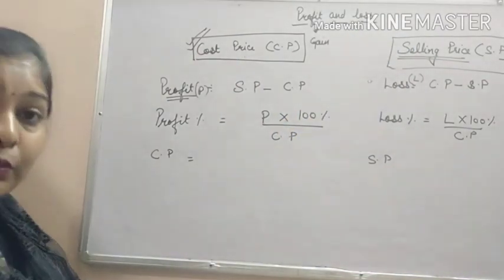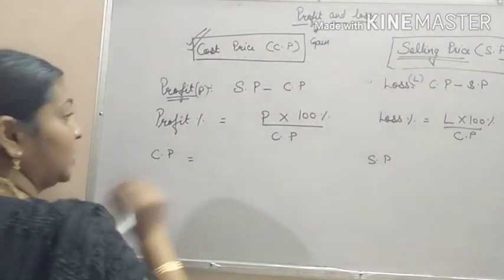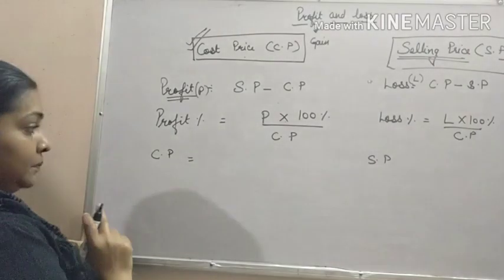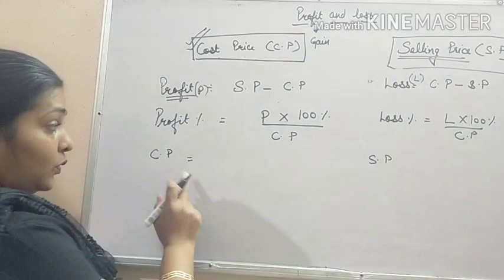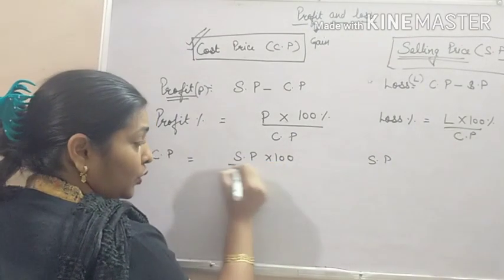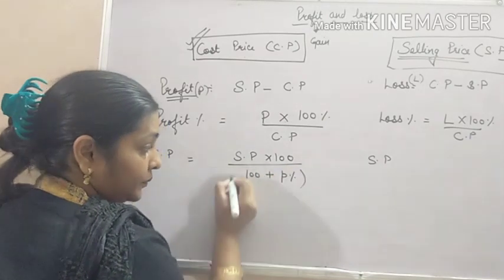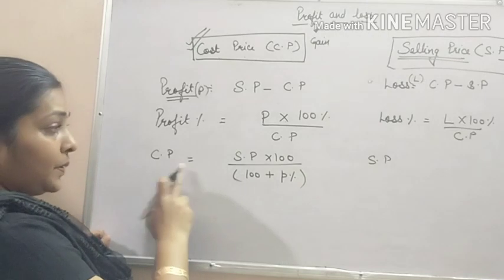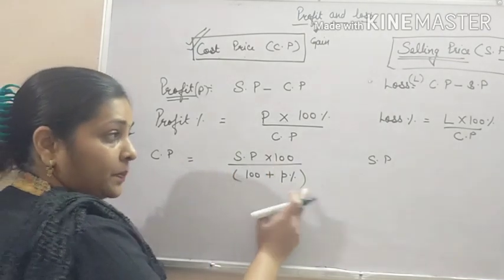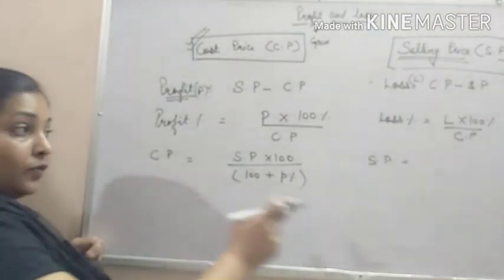Let us check the formula for CP if profit and SP are given. CP will be equal to SP into 100 upon 100 plus P percent. And using this formula, you can find the value of SP.